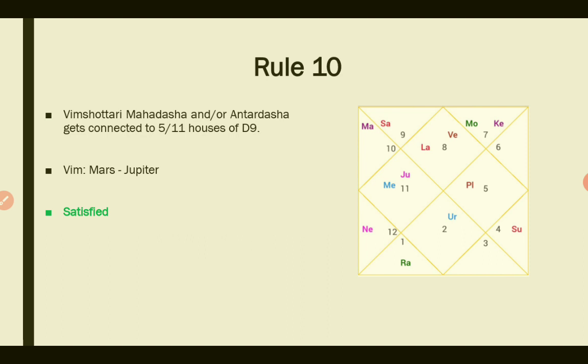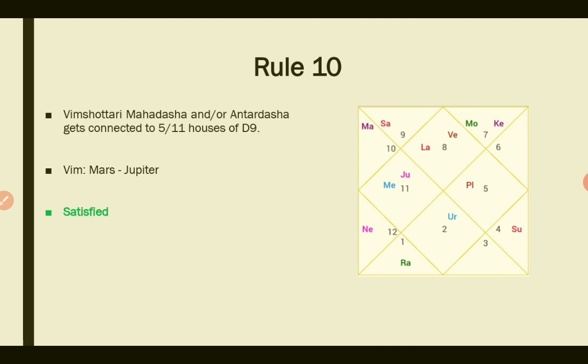This rule states that the Vimshottari Mahadasha and or the Antardasha gets connected to the 5th or 11th house of the D9, that is the Navamsha chart. So we have seen that the Vimshottari Dasha sequence in operation during marriage was Mars, Jupiter. Now we will look for the 5th and the 11th houses.